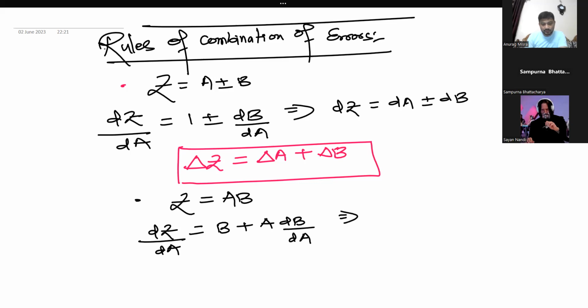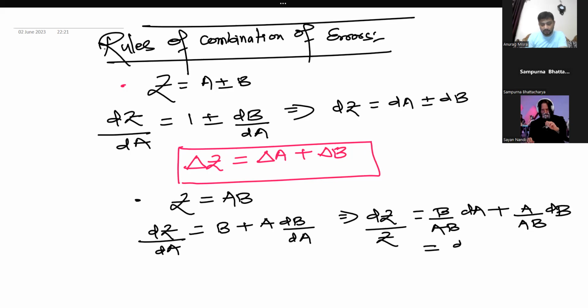So we can say that if I divide by Z and convert into relative error, this will be equal to B by AB multiplied by dA plus A by AB multiplied by dB. So the result will be dA by A plus dB by B.